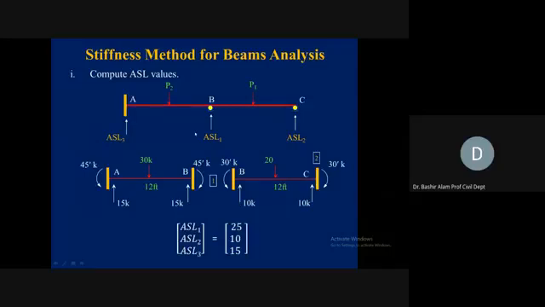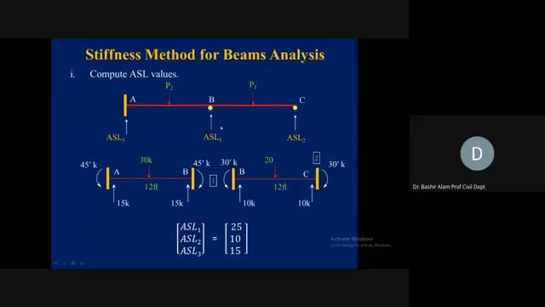Now, one explanation. You were interested in the member end action, and the member end action was just the shear to the left of this support B. So just to the left of this support B we have 15, so you will have to take 15 because this is just to the left of B. If it was the shear just to the right of B, then that 10 would correspond to it, and you would take 10 at that location.